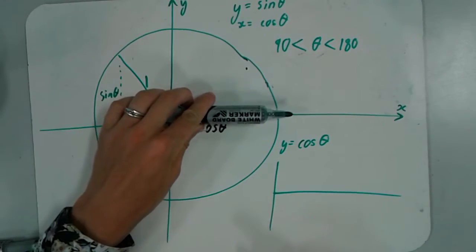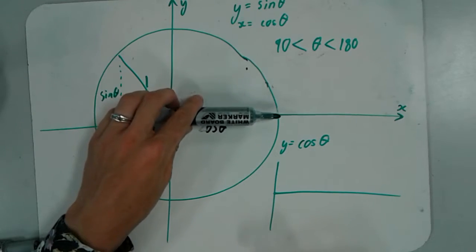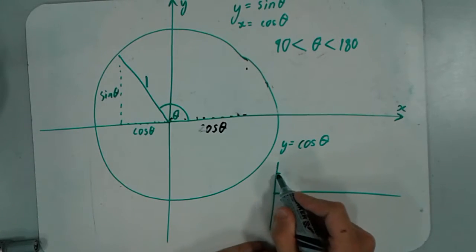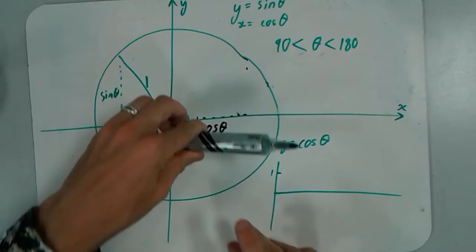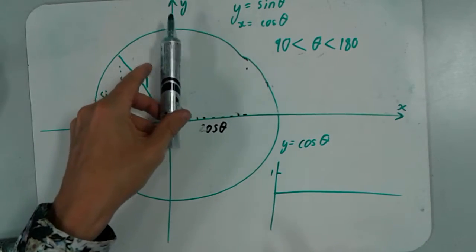for an angle of 0, it was entirely made of x component, so it had a length of 1, and then that x component decreased until we reached 0.